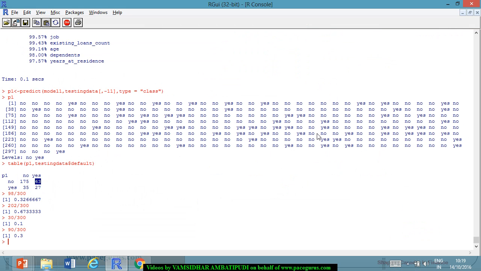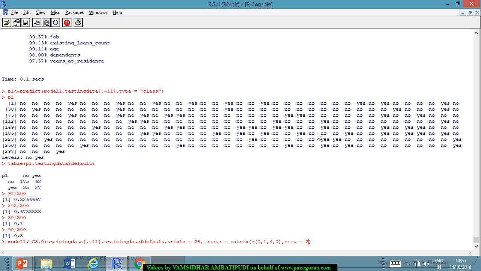So while building the model itself, let me bring out my model again. So this is the model. The same model, we will put costs equal to, and the costs have to be provided in the form of a matrix. So I'll be giving it as a matrix C(0, 1, 4, 0) and nrow equal to 2.